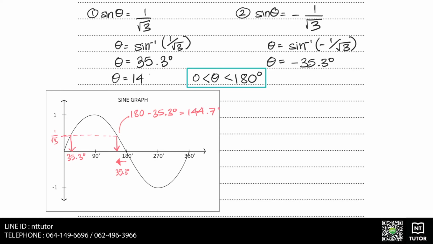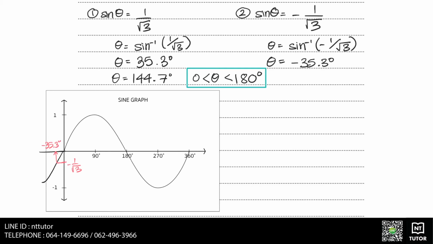And we have to do this for sine theta equals minus 1 over root 3 as well. So using the same method, if we go to minus 1 over root 3 on the y-axis, and we extend the graph a bit to the negative side and draw a straight line that touches the graph, that point corresponds to minus 35.3 degrees.